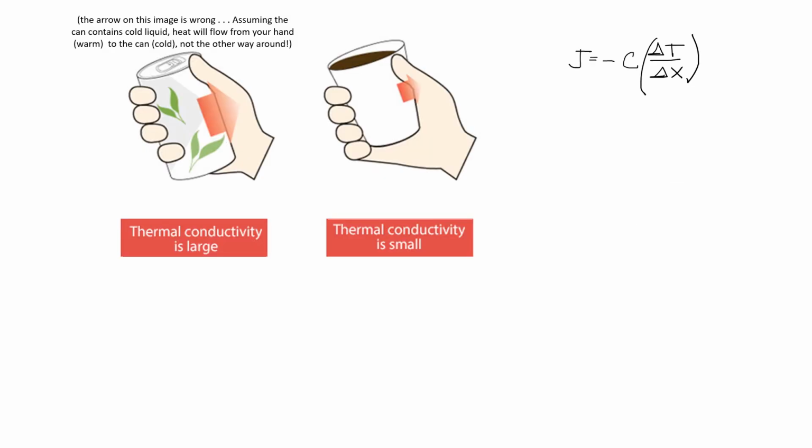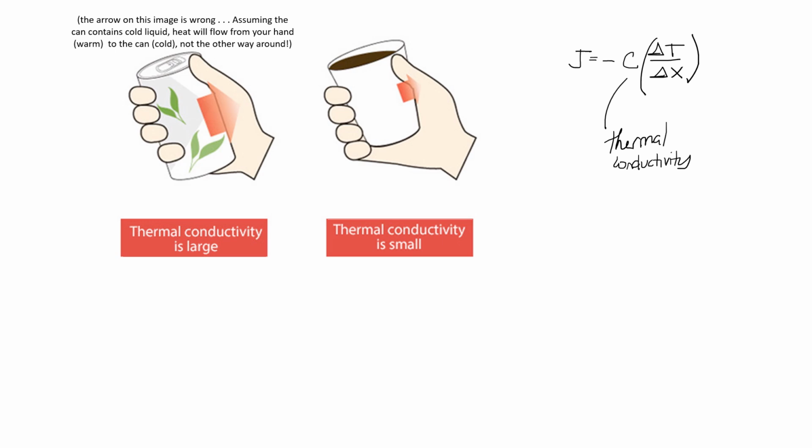This figure shows the effect, which you probably already know about or have intuition about, of the thermal conductivity. Remember, this is the thermal conductivity here. The idea is that the heat flow from, for example, your hand, which is warm, into this cold beverage is going to be faster through a material like metal that has a high thermal conductivity than it will be through a material like styrofoam here, which has a low thermal conductivity.